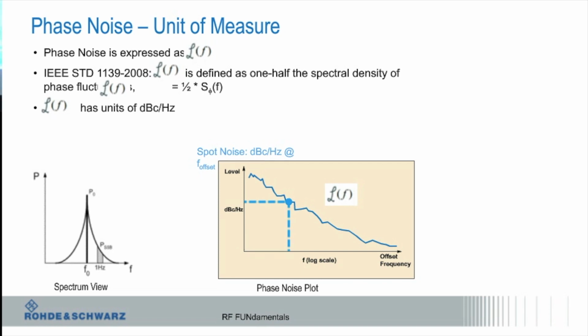So that phase fluctuation will give you a corresponding frequency fluctuation. And that definition is basically saying if you take this whole curve and chop it in half and normalize it to 1 hertz bandwidth, that's the definition of phase noise.